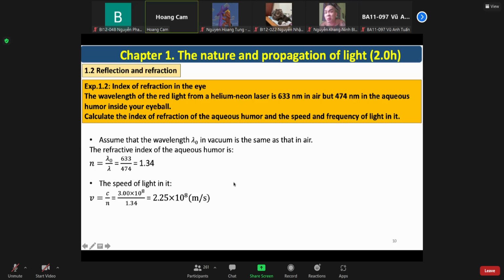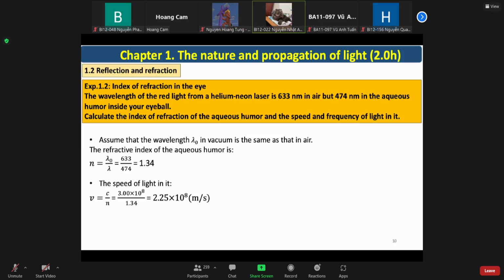And the last parameter. Excuse me, can you repeat your question? Yeah, I mean the last quantity, the frequency of light. Yes. To find the frequency of the light, I will find the frequency equal to lambda divided by... Let me check.